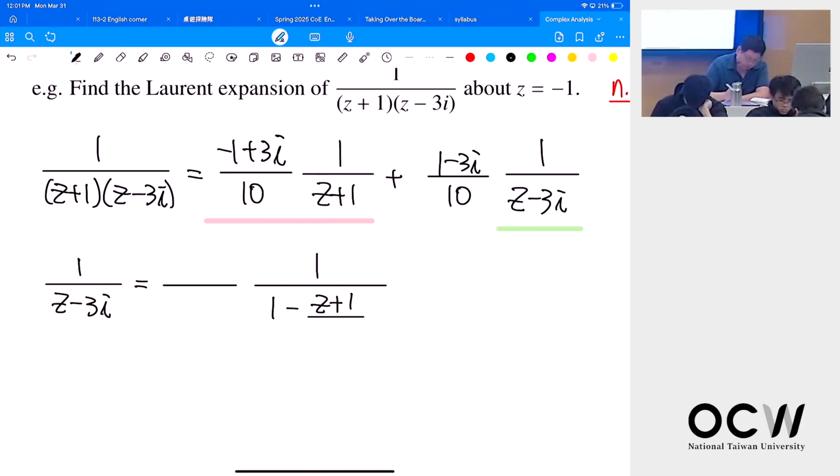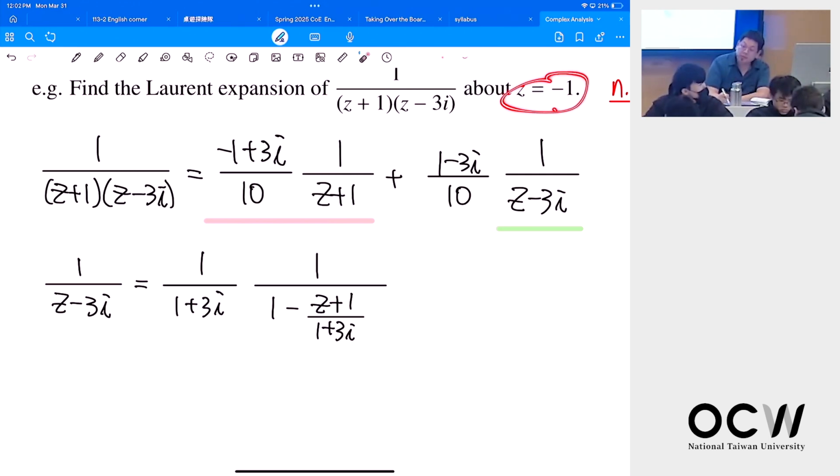So you will get, this is 1 plus 3I. Here's 1 plus 3I. Try to create Z plus 1, because we want the expansion about Z equals minus 1. So we create Z plus 1 here.